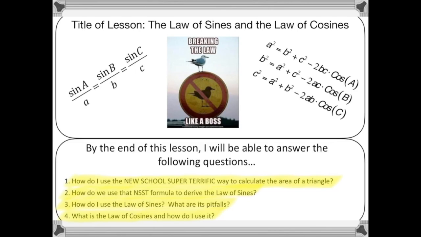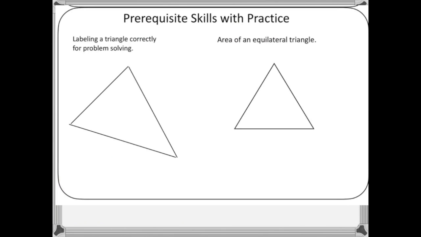But before we do that, let's take a look at some things that we might need to get under control before we start. The first thing is that we want to make sure we're labeling triangles correctly when we're problem solving. If I have a triangle ABC, it is customary, standard practice, to make the angles the uppercase letters and the sides opposite from them the lowercase counterparts.